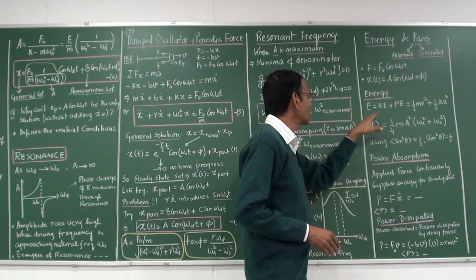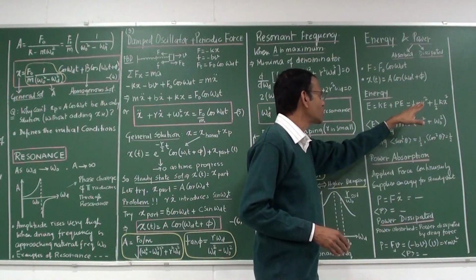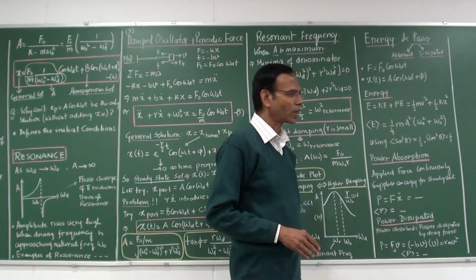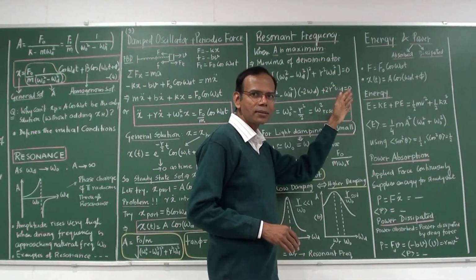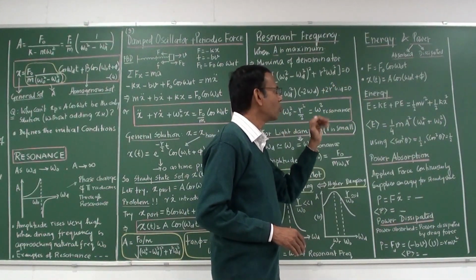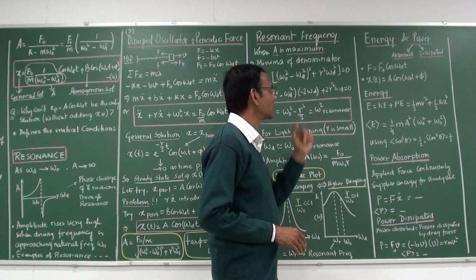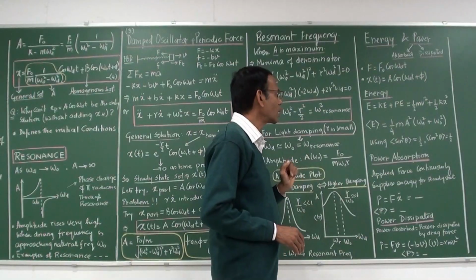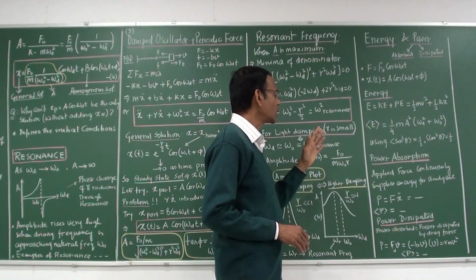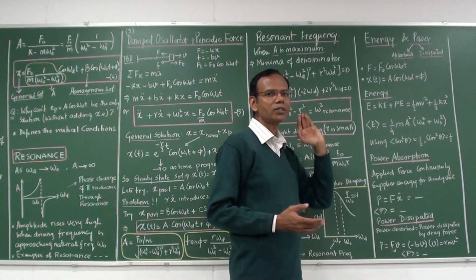Like energy: kinetic energy plus potential energy is equal to half m v square plus half k x square. Now you know v, because the moment you know x, you can calculate v, and x you already know for the potential energy. From there you can find out the total energy. Usually people write it in terms of average energy per cycle.